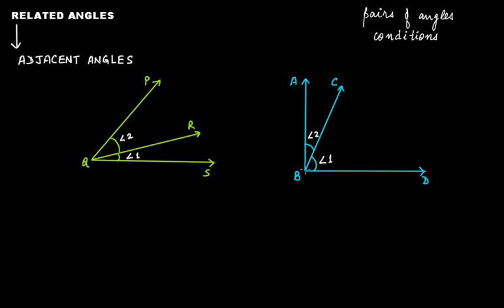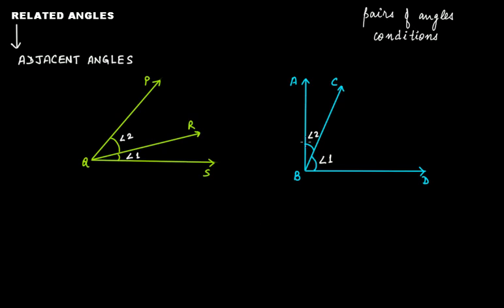In this case, B is a common vertex for both these two angles, and BC is a common arm because it is an arm of CBD and also an arm of ABC.